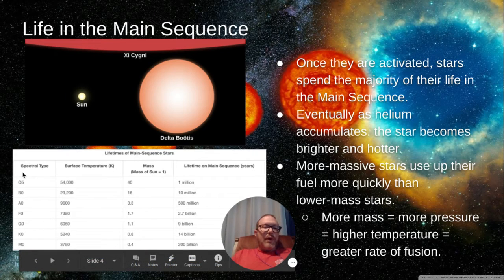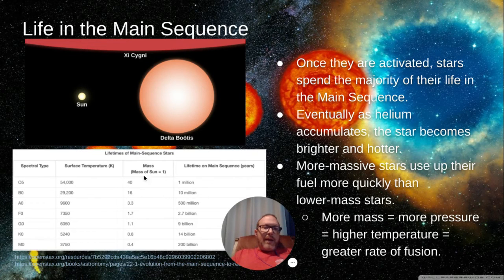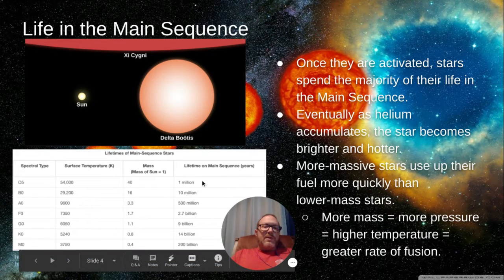You can see that some of these larger stars, like the type O and the type B stars, they're absolutely huge. They've got a very high surface temperature, and they will only stay on the main sequence for a very small amount of time, like 1 million, 10 million years.